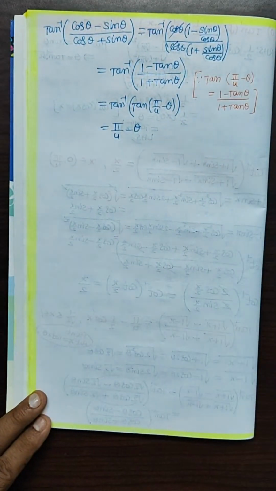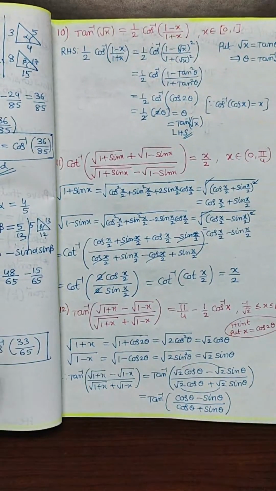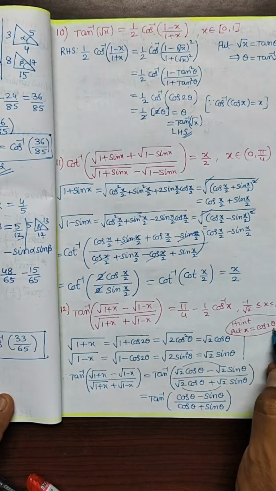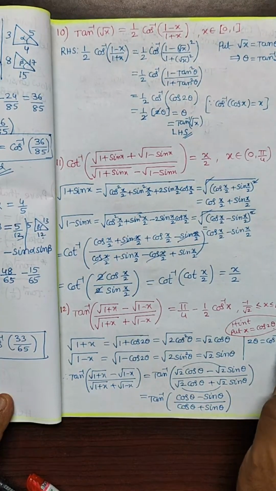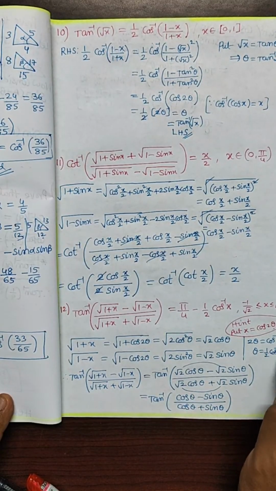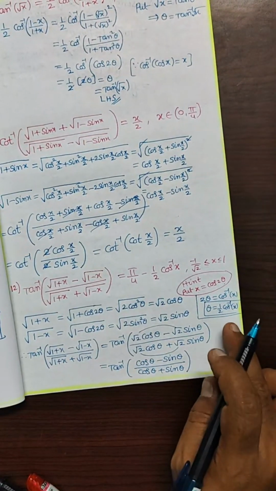So here one important thing is there. What is that important thing? Here x is equal to cos 2 theta, so 2 theta is equal to cos inverse of x, and theta is equal to half cos inverse of x. So this is also important here, students.